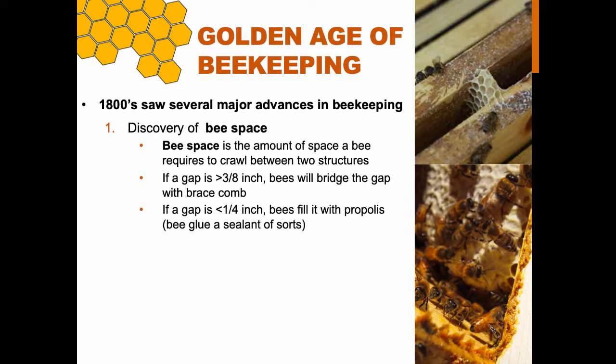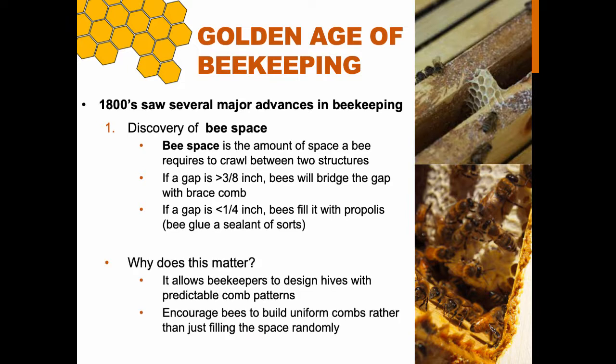Propolis is also known as bee glue. It's basically a sealant made out of plant resins that the bees collect and store in their gut. And that's what's going on right here. Along the edge of this frame, you can see all that sticky-looking orange stuff. That's propolis.